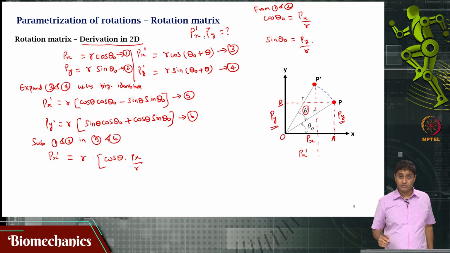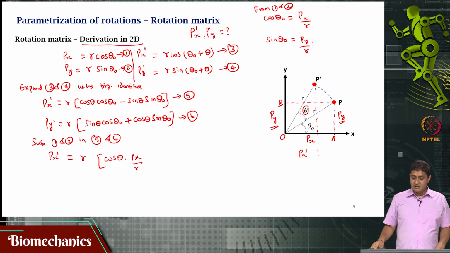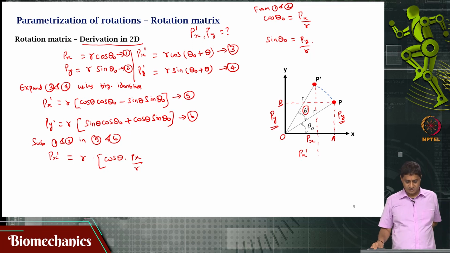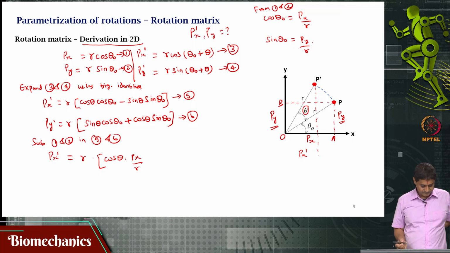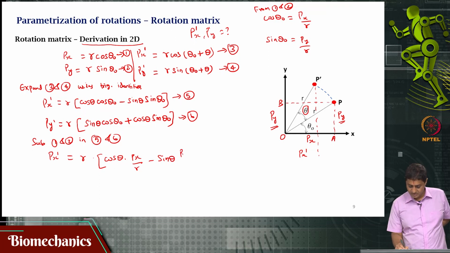So, I am going to replace cos theta naught as Px by r and sin theta naught as Py by r. Okay. So, that gives me minus sin theta naught is Py by r.